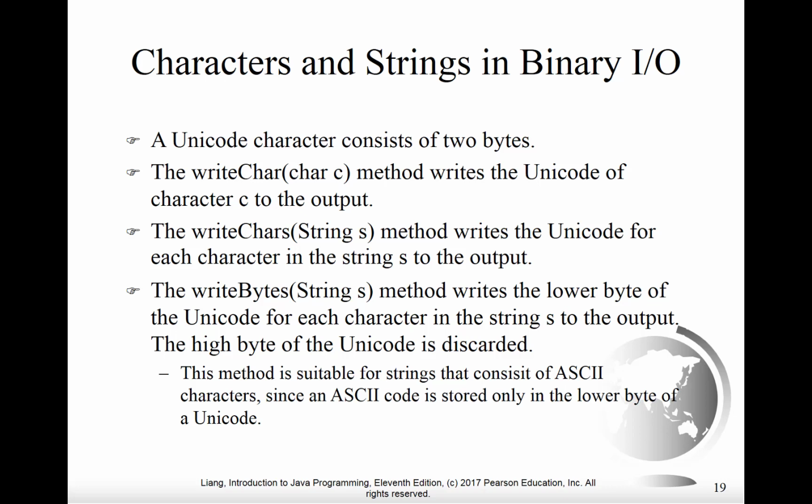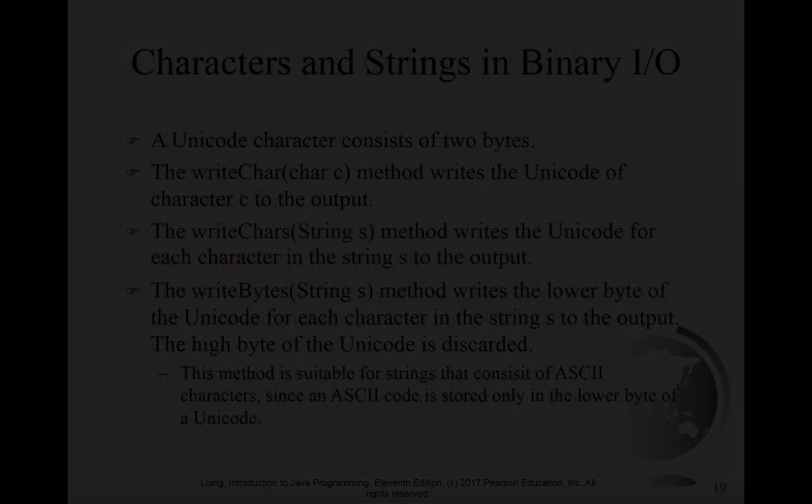Now in the case of regular ASCII characters, the upper byte would in fact be 0, and it wouldn't make any difference in terms of what information you actually had there, because when you threw away that 0, you would still have a proper ASCII character, since the ASCII code is technically only a 7-bit code, but all 8 bits of each ASCII code would be written in that case. That makes this approach a perfectly suitable method for strings that only contain ASCII characters, as opposed to Unicode characters.